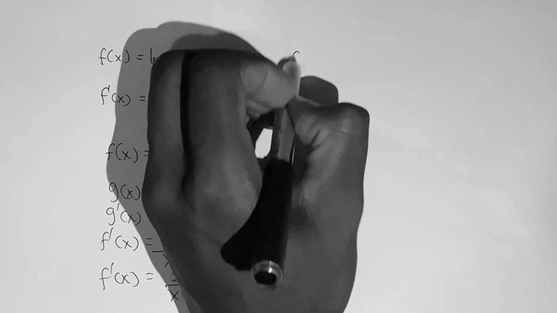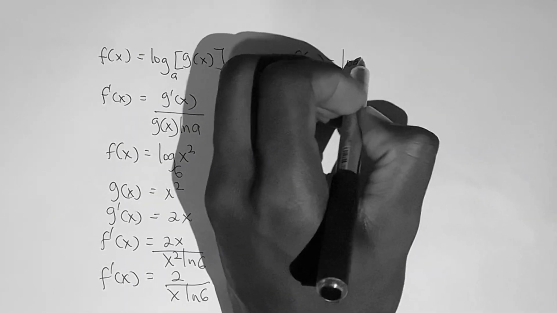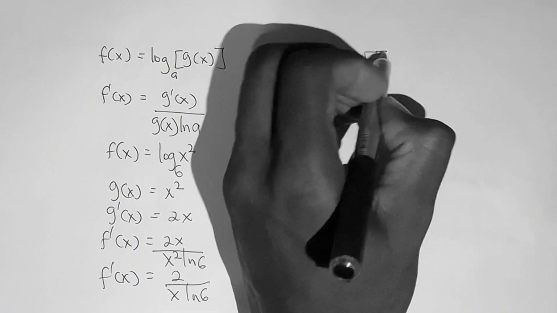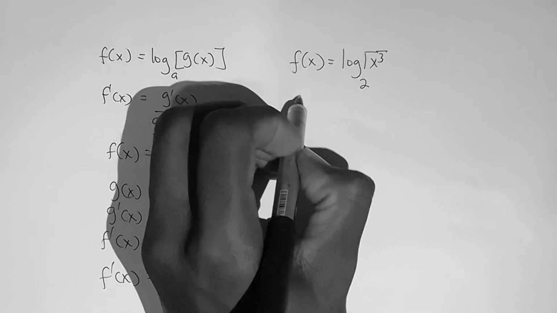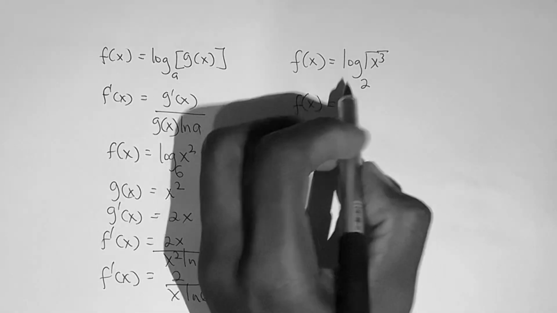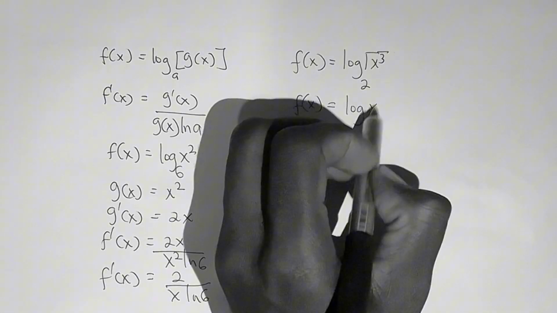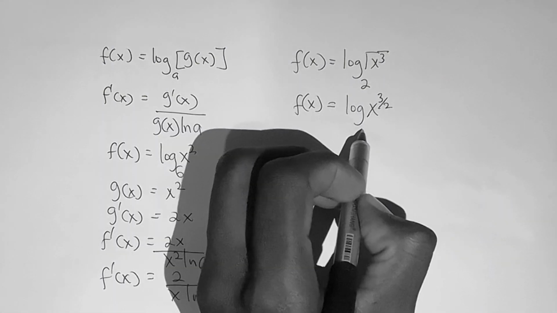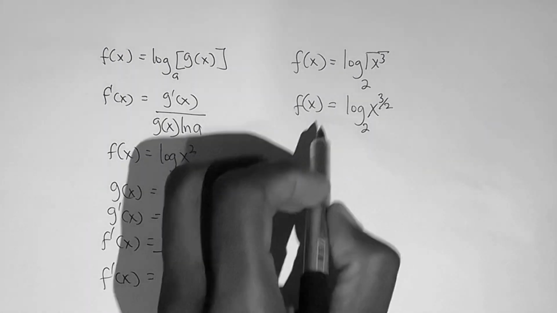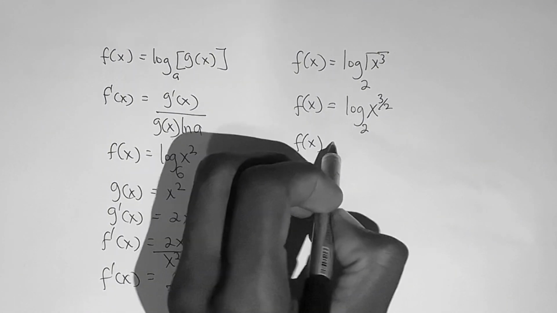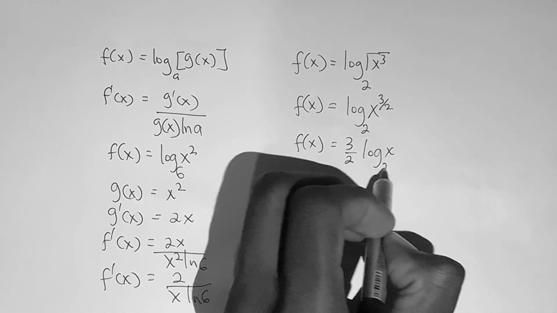Now, what if f of x is equal to log root x cubed base 2? What is f prime of x? So now we can write f of x as log, now root x cubed is the same as x exponent 3 over 2 base 2. So using the properties of logarithms, we can say that f of x is equal to 3 over 2 log x base 2.